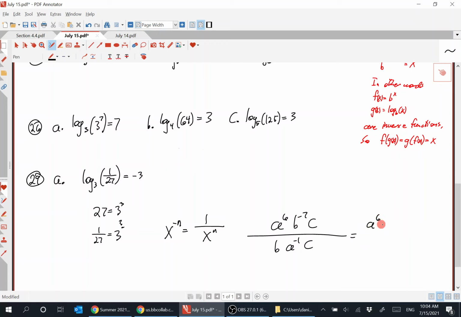So the b to the 7th goes down, the c's cancel, and you had a to the 7th over b to the 8th. Remember that business? That's a more general usage of this property. Negative exponents give you reciprocals, essentially.